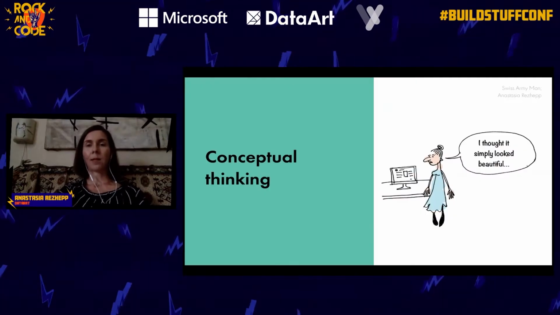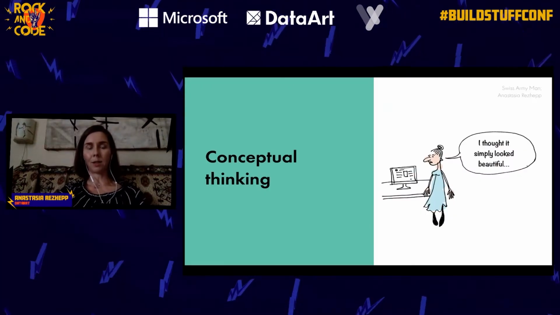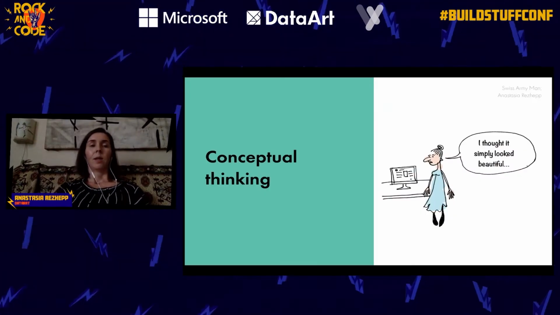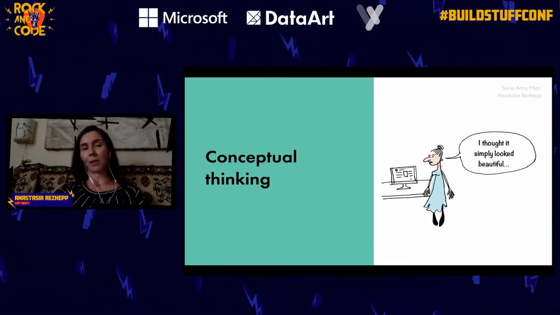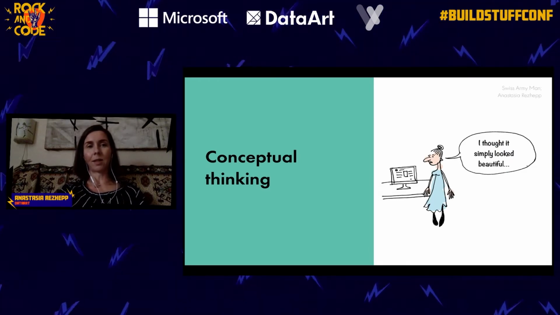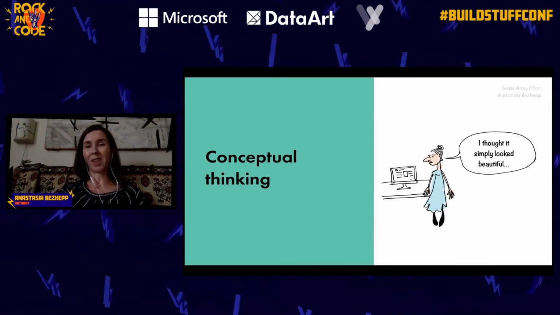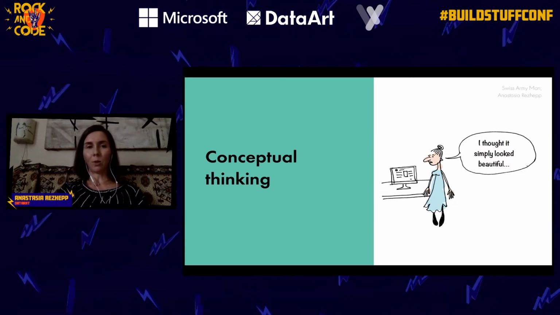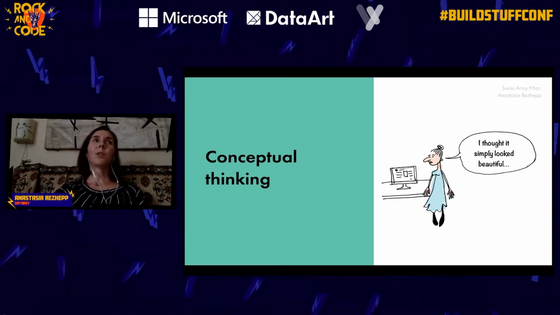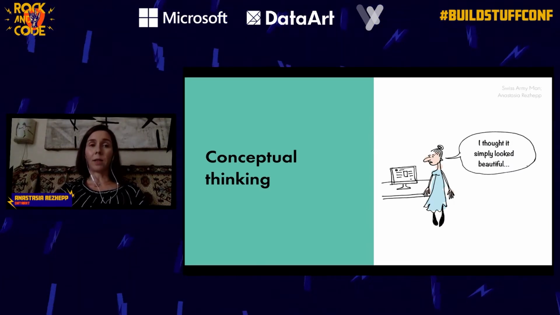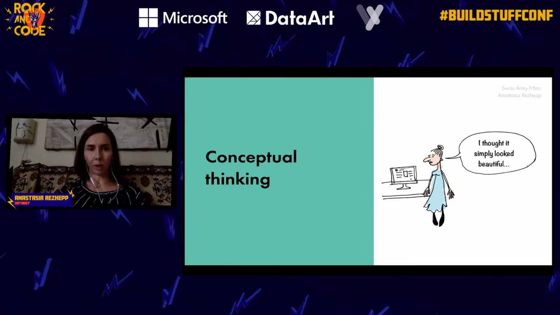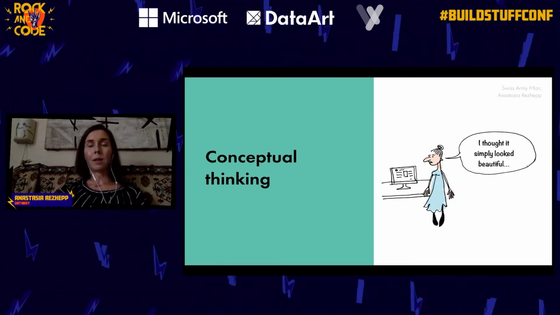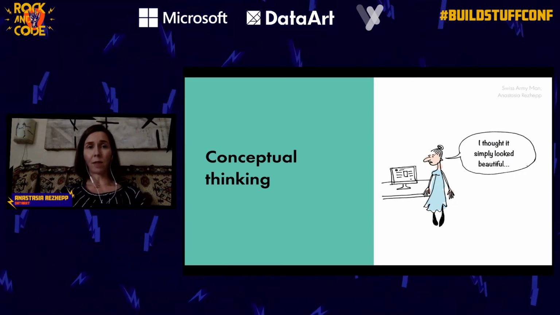Okay, let's start with some explanations. So first of all, every UX designer needs this conceptual or strategic thinking skill. Why is it so important? You know, I observe quite a lot of graphic design people who turn into user experience designers, and very often they have this problem.